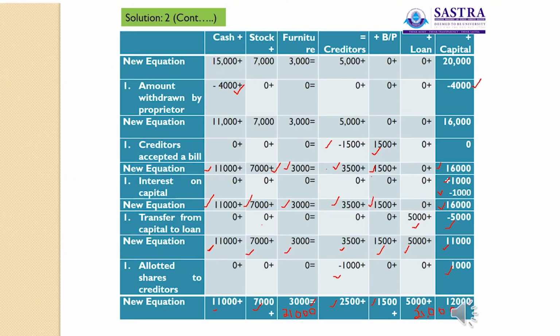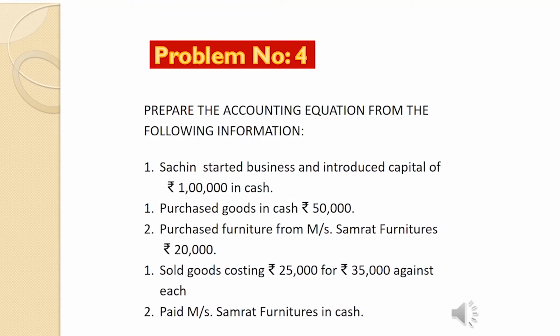Okay, then. Now, let us see problems in accounting equation. Prepare the accounting equation from the following information. Sachin started business and introduced capital of rupees 1 lakh in cash. Second transaction is purchased goods in cash rupees 50,000.